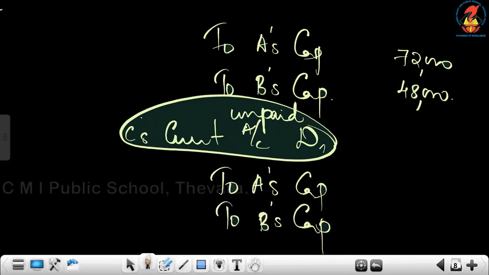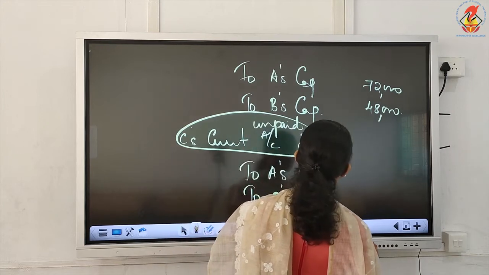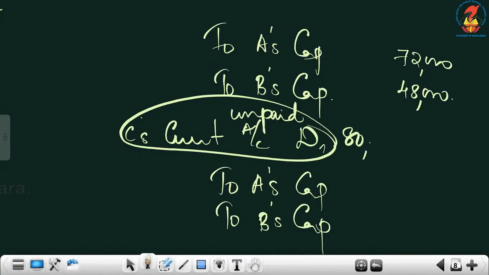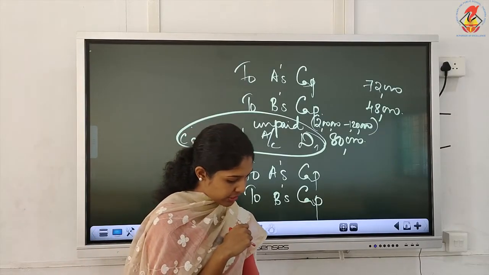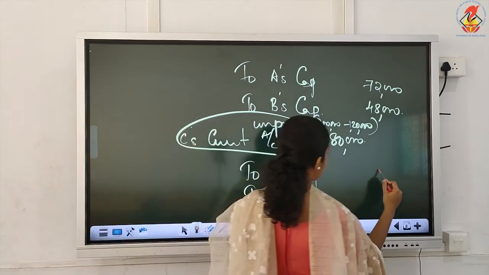So the unpaid share is 80,000, that is 2 lakhs minus 1,20,000. This 80,000 you have to distribute in their sacrificing ratio. The sacrificing ratio is 3:2, so they will be getting 48,000 and 32,000.